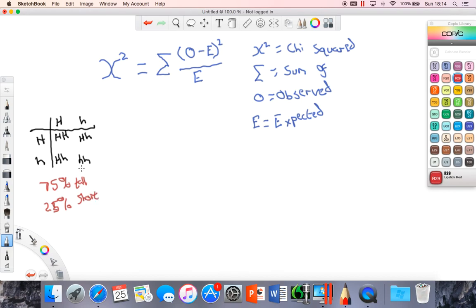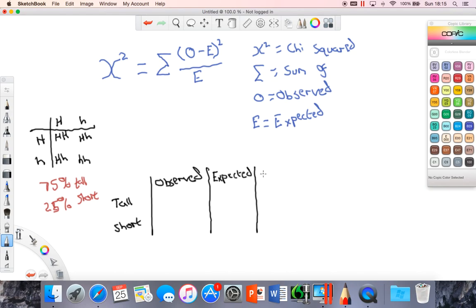So if we were to get some real data, we could put it into a table as so. The way I always do a chi-squared test is by putting it into a very similar table. Along our rows, we have our phenotypes. So the two phenotypes we've got are tall plants and short plants. We could then put our observed, which is O. We could then have our expected.